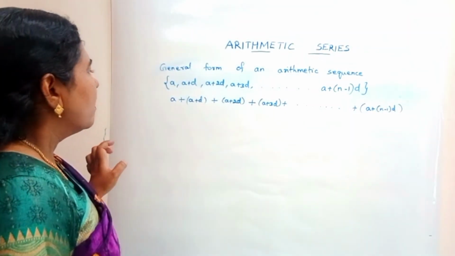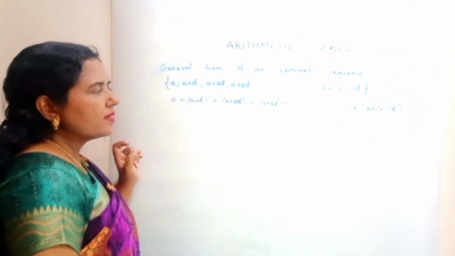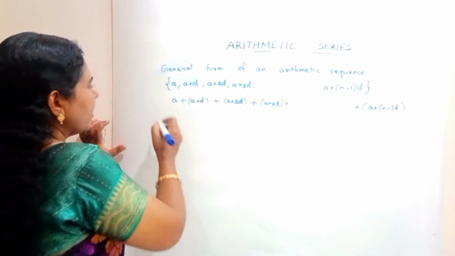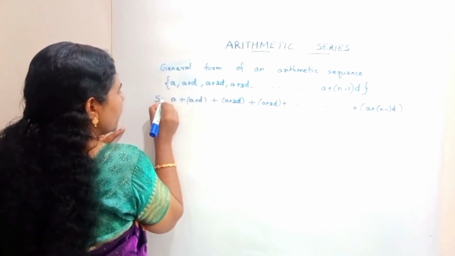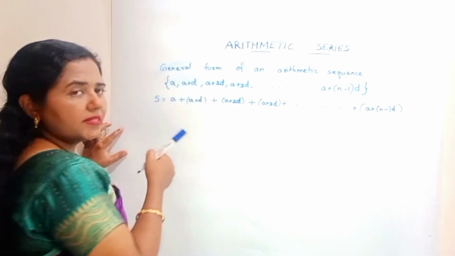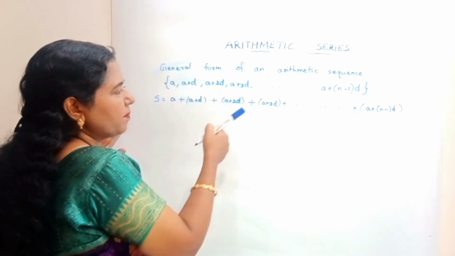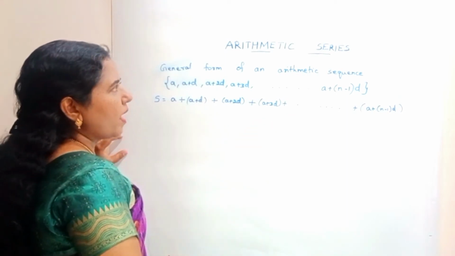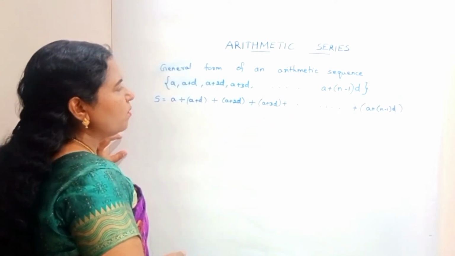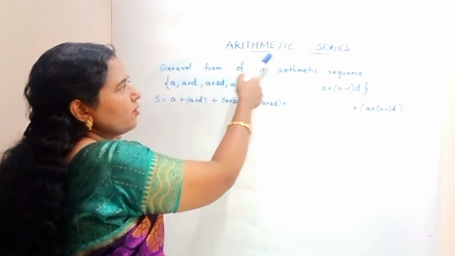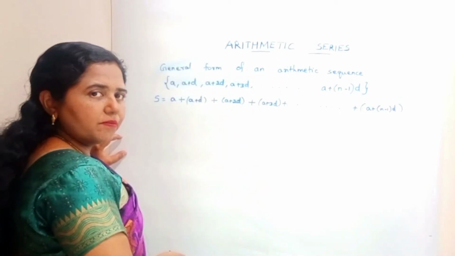Since it is the sum of the terms, we can represent it by the letter S. S represents the sum. So S is equal to a plus d plus a plus 2d plus etc. Now our aim is to find the value of the given arithmetic series.